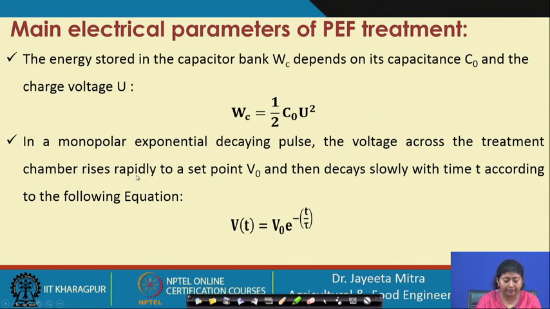In a monopolar exponential decaying pulse, the voltage across the treatment chamber rises rapidly to a set point V 0 and then decays slowly with time t according to the following equation. So, we have seen that this is the exponential decaying curve. So, V t is equal to V 0, that is the initial pulse, the rapid rise of the pulse, into e to the power minus t by tau.